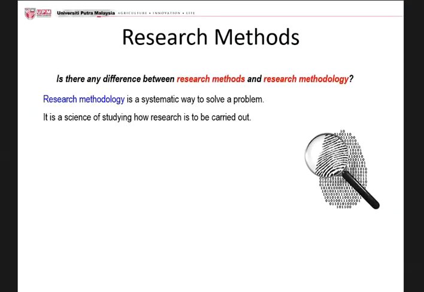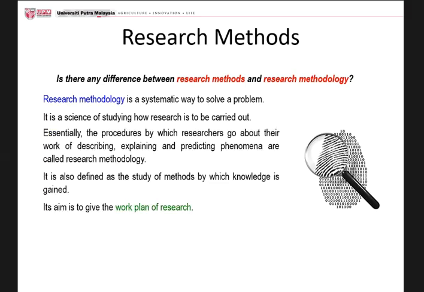So what is research methodology? Research methodology is a systematic way to solve a problem. It is the science of studying how research is to be carried out. Essentially, the procedures by which researchers go about their work of describing, explaining, and predicting phenomena are called research methodology. So methodology here is more general.